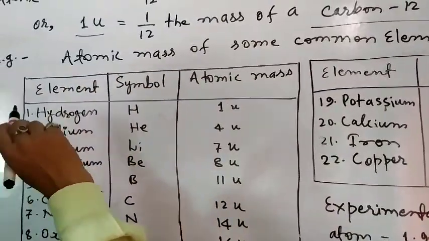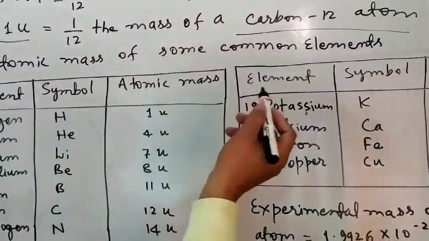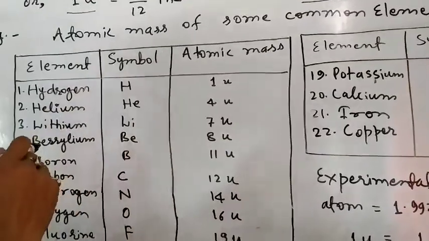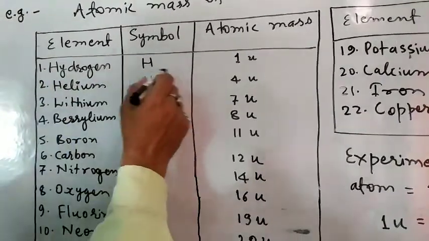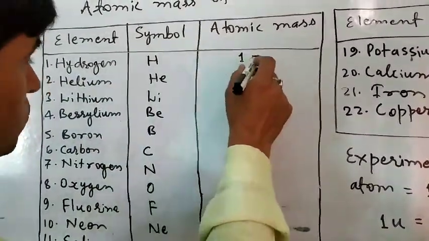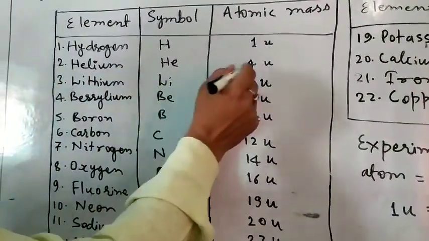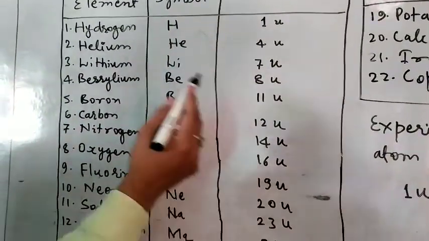For example, the atomic masses of some common elements are given here. Hydrogen has 1 u atomic mass, helium 4 u, and so on.